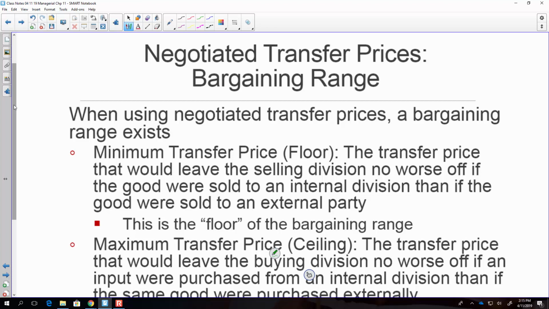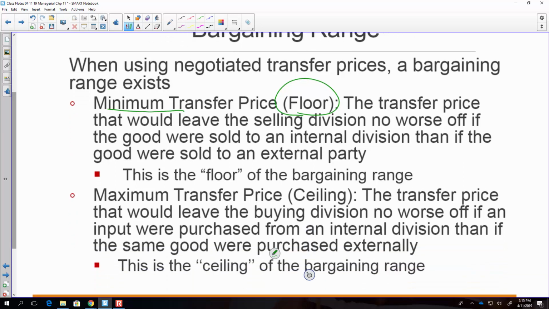Again, we want to be fair between the divisions. So the minimum, the author wants to use the word floor. The maximum price range that the author wants to use is called ceiling. So those are the two terms that we want to use.